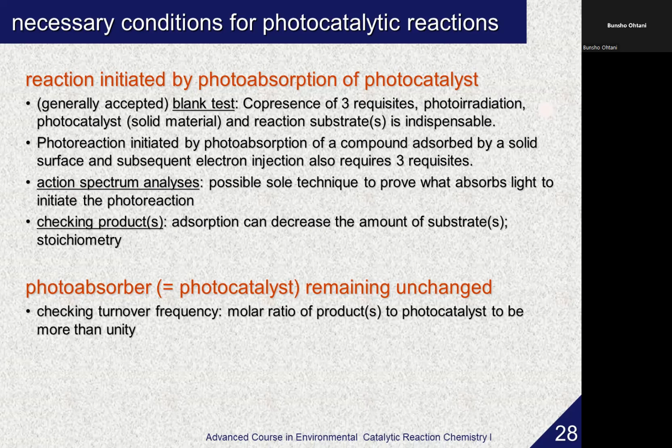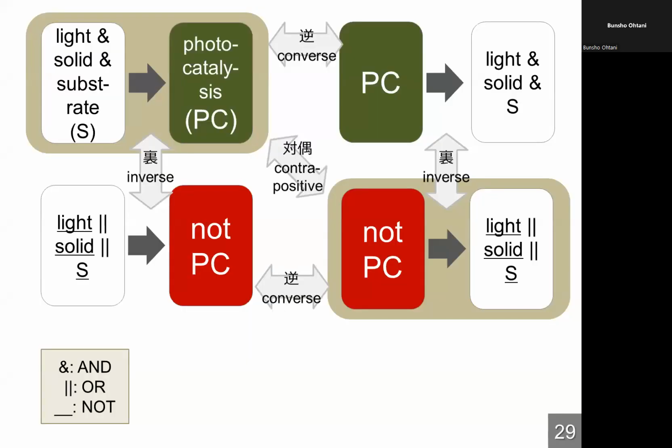And to check this, checking the turnover frequency, molar ratio of product to photocatalyst to be more than unity, と言います。で、実際には全然変化してませんってことを本当は言わないといけないでしょうね、多分ね。でもあんまりチェックされてません。例えば参加者なんか誰もこんなことチェックしてませんけど、多分大丈夫なんだろうなってみんな思ってる。そんな感じです。で、元に戻って、この最初のフォトアブソープション。思っている光触媒がちゃんと光吸収して反応してるんだっていうことを示す方法がブランクテストです。で、そこに至る論理をちょっとお話します。The logic.